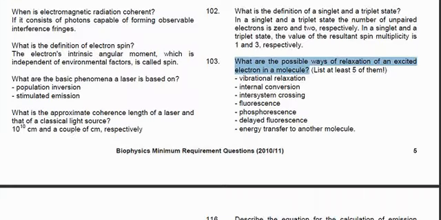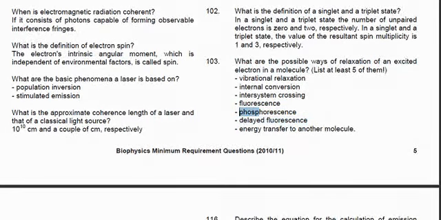We have vibration and vibrational relaxation, internal conversion following Kasha's rule, intersystem crossing back and forth from and to the triplet state, the forbidden transition, fluorescence, which is radiative, phosphorescence, also radiative. It's very slow fluorescence, but don't mix these two. Phosphorescence and delayed fluorescence are not the same.